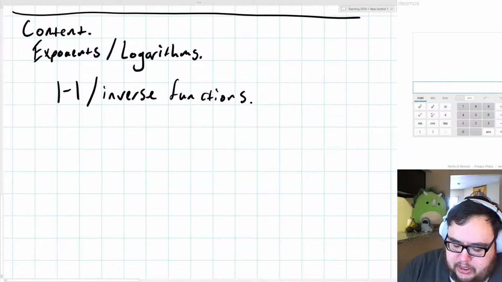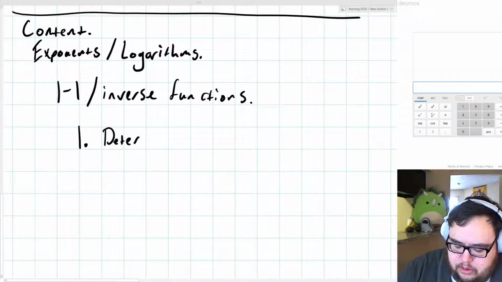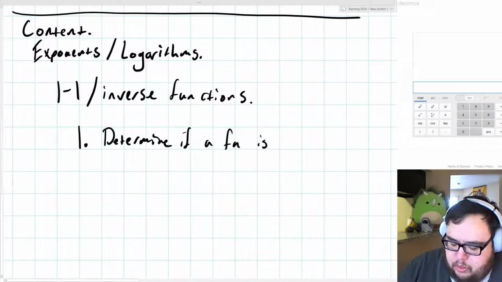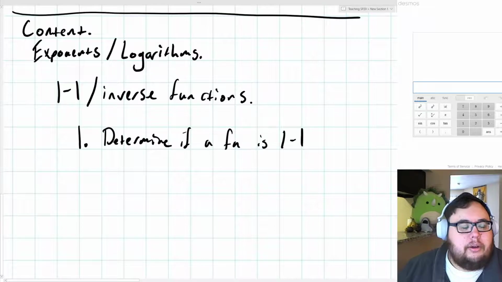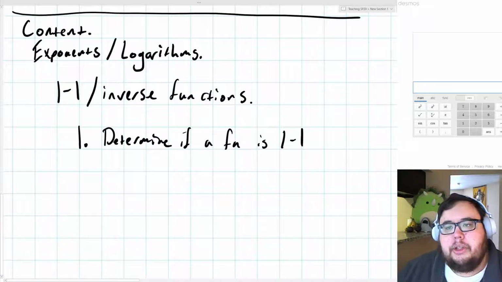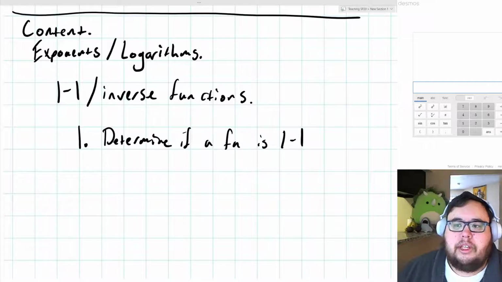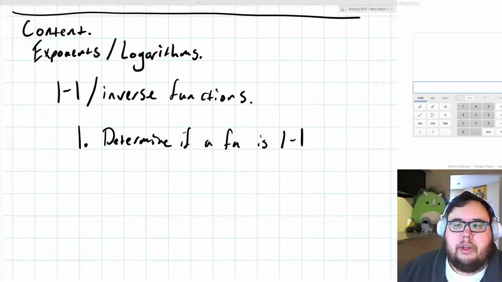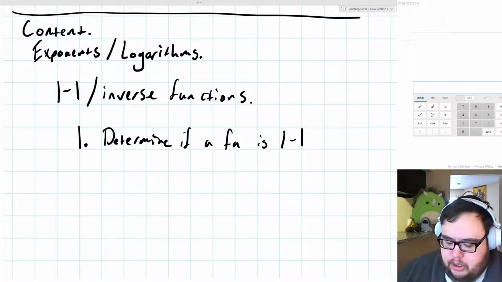So I'm going to expect that you're able to, one, determine if a function is one-to-one. We talked about a couple of different ways of doing that. We talked about the horizontal line test. Also, the definition of a one-to-one function, that every input yields a unique output. So no two inputs yield the same output, basically.